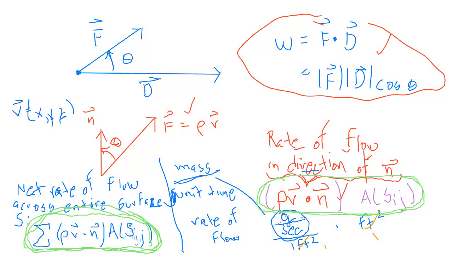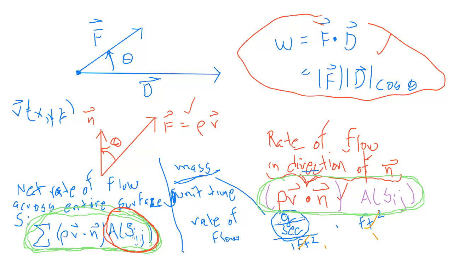That's right, Ellie. And what kind of integral? Being the fact that we have the area of the ijth patch here. That's right, Ellie. It's going to be a surface integral.